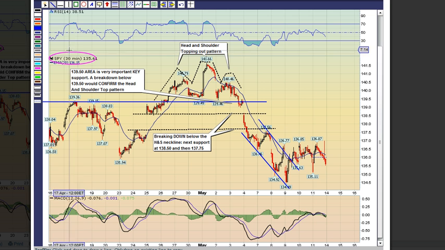As you can see, guys, here's an SPY chart, the 30-minute chart, and I like to use the MACD and RSI mostly to track divergences. There are two types: bullish divergence and bearish divergence.